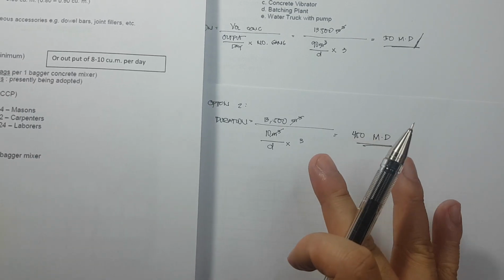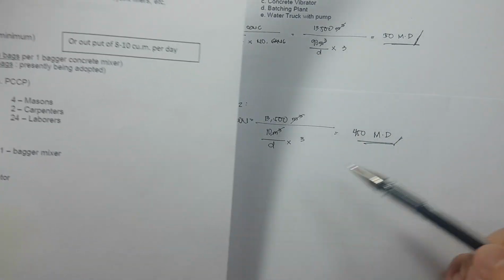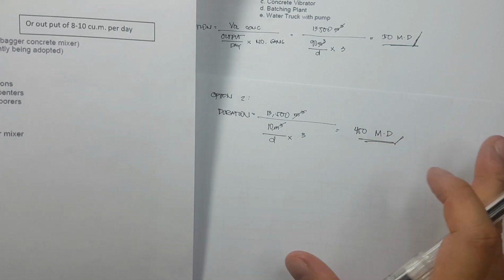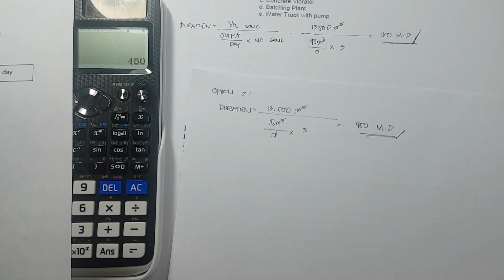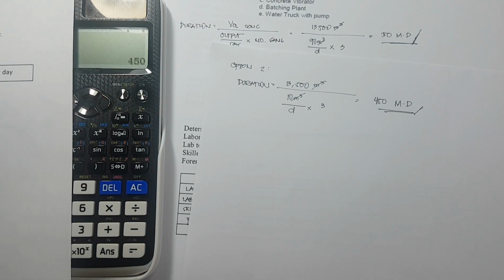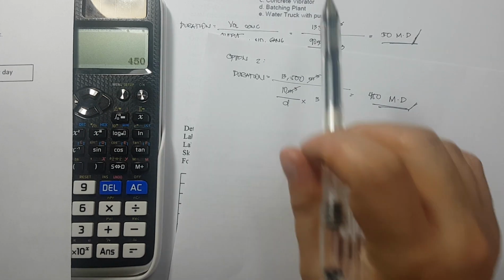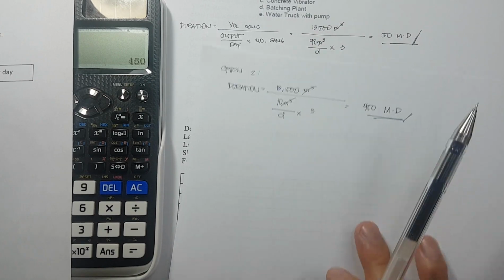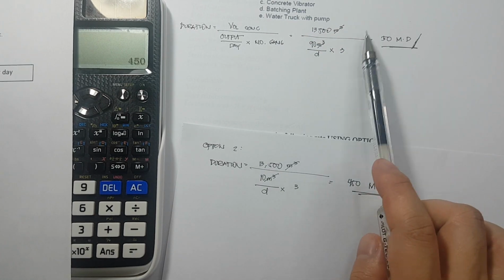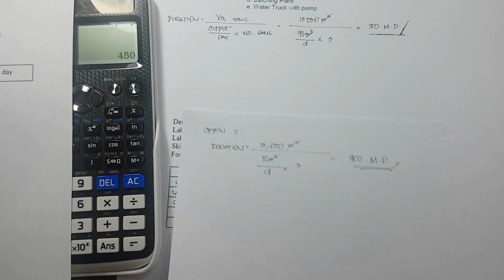We have 3 sets or 3 divisions, so you increase that. But 450 days is too long for a project. Imagine, more than 1 year for a volume of 13,500, when in fact you can do it in less than 2 months.